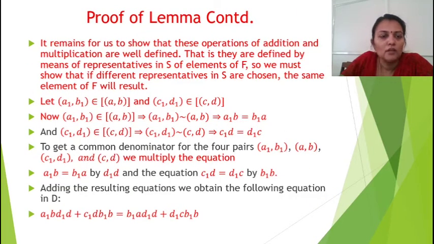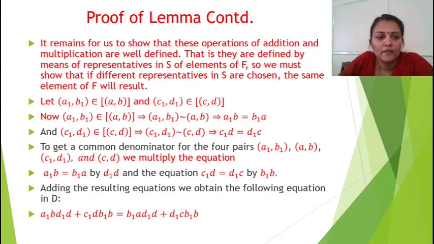Now it remains for us to show that these operations of addition and multiplication are well defined. That is, they are defined by means of representatives in S of elements of F. So we must show that if different representatives in S are chosen, the same element of F will result.